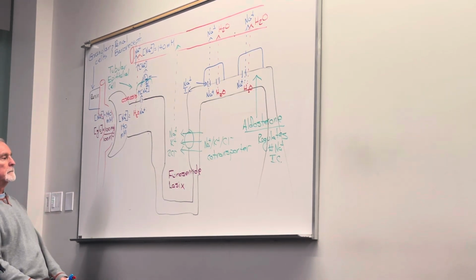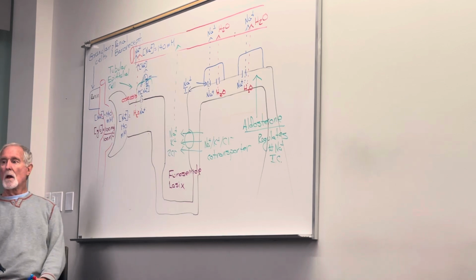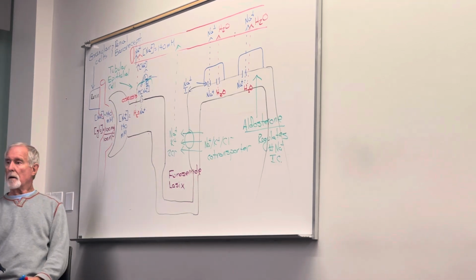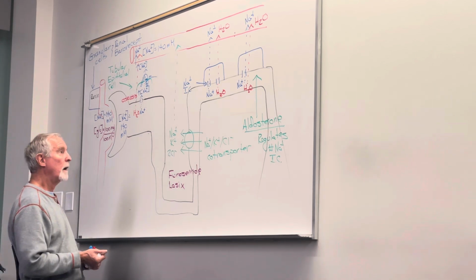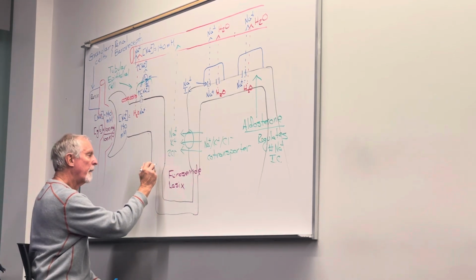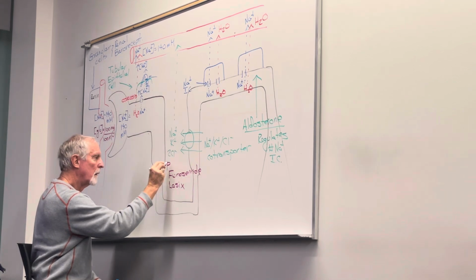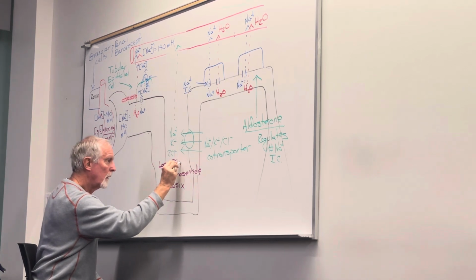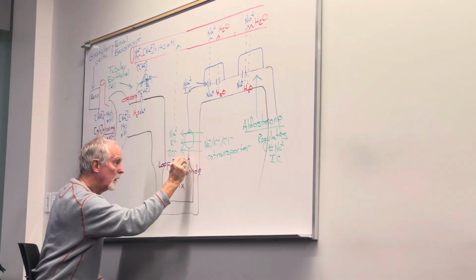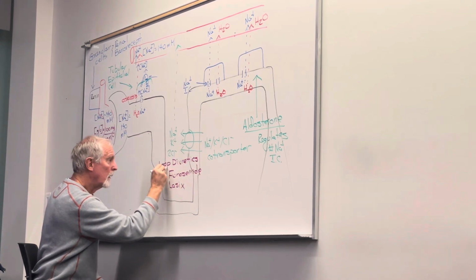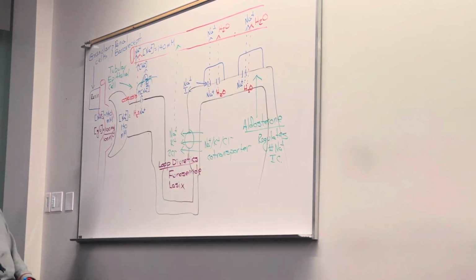What class of medications are these called? Thank you for mentioning that. These are called loop diuretics. So we've got ACE inhibitors, we've got loop diuretics.